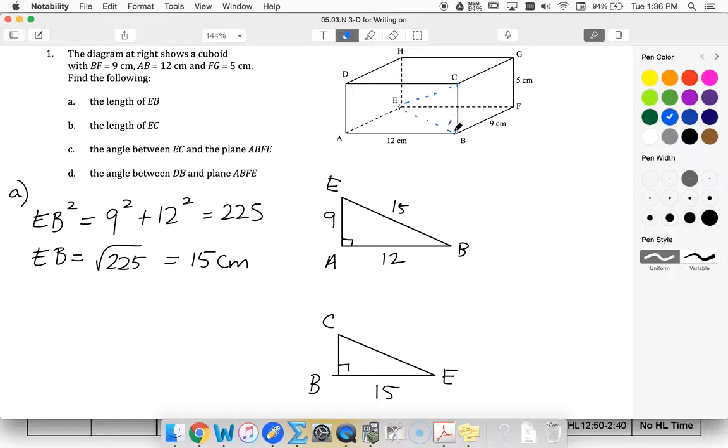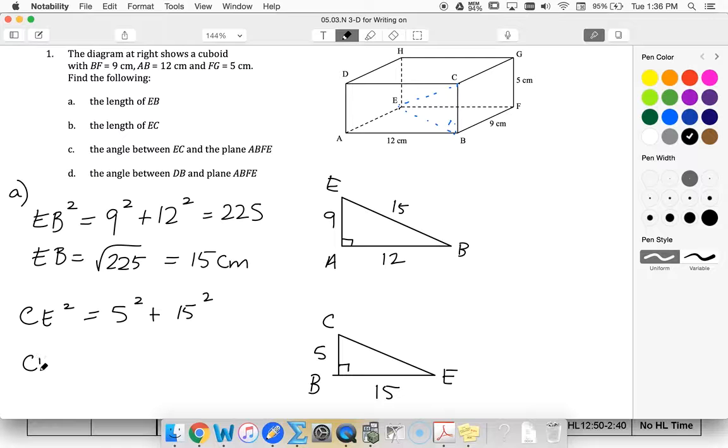So inside the picture, I've got my right angle at CB. And now 15 is a leg, not the hypotenuse. I know CB, that's the same as GF, so that's going to be 5. So now I can find this again using Pythagorean Theorem. CE squared is 5 squared plus 15 squared.